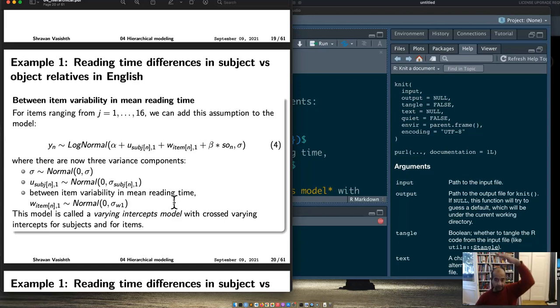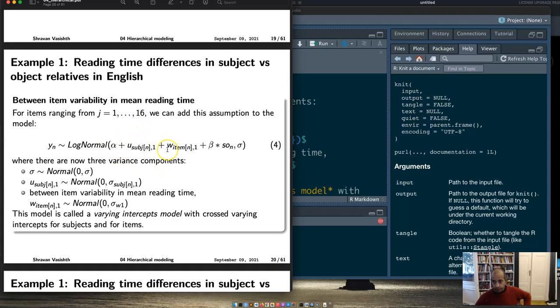So the alpha is going to be adjusted up or down for each subject and for each item. So I can look up subject 1, item 4, for example, and I would have an adjustment. Or if I want to just look at the subject adjustments, I will ignore this term, and I'm going to simply add to the alpha this intercept adjustment by subject to get that subject's intercept.